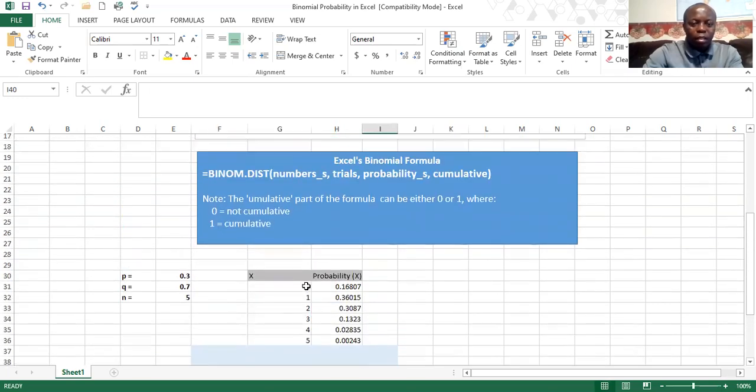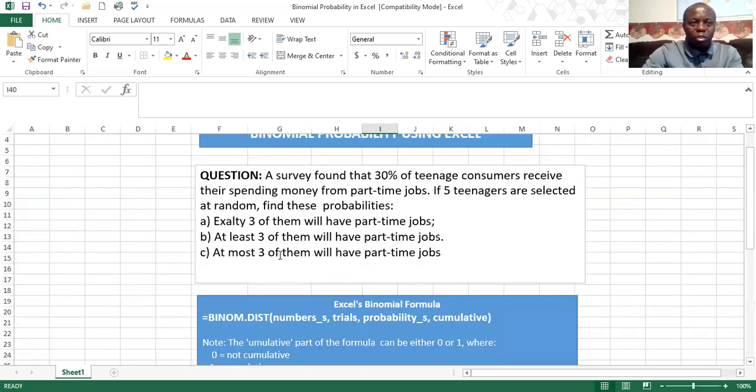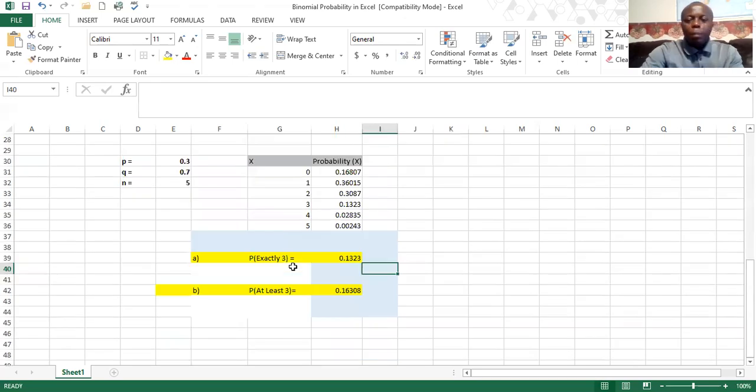So the other one is at most 3. At most 3 means 3 or less. That means probability of 0 plus probability of 1 plus probability of 2 and that of 3.